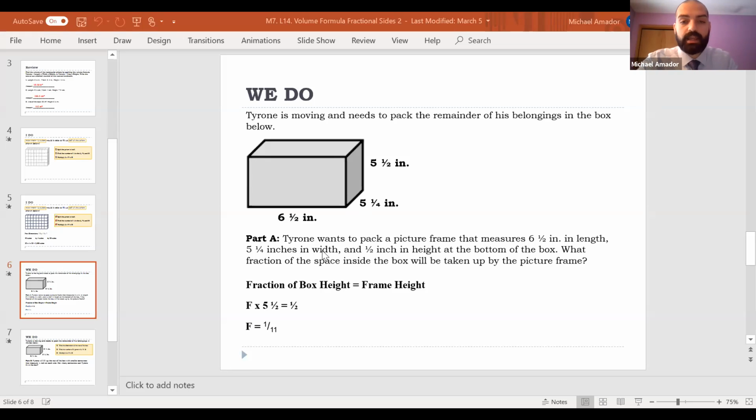Tyrone wants to pack a picture frame that measures 6 1/2 inches in length, 5 1/4 inches in width, and 1/2 an inch in height at the bottom of the box. What fraction of the space inside the box will be taken up by the picture frame?